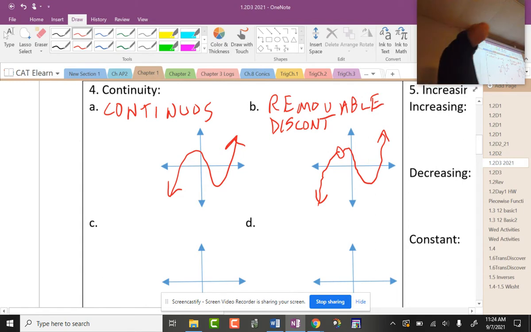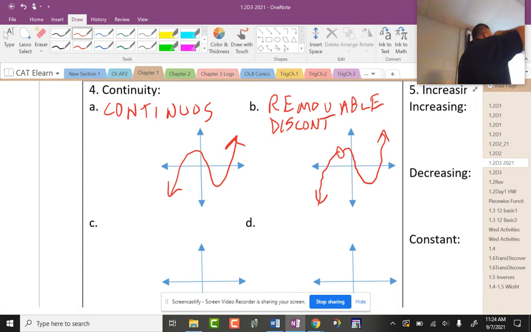There's a specific reason why that happens. So just for purposes of this, just tell yourself that's removable. It's almost continuous, except for that one little spot. And if you read the book, they call this removable because you can just put a little patch there, like a pothole out on the streets. And then it would become a nice smooth street again. So that's why it's called removable.